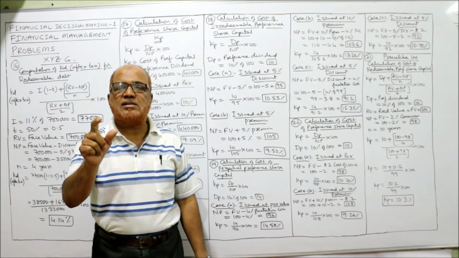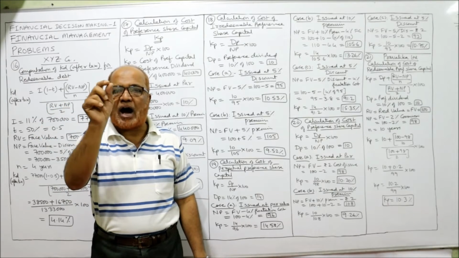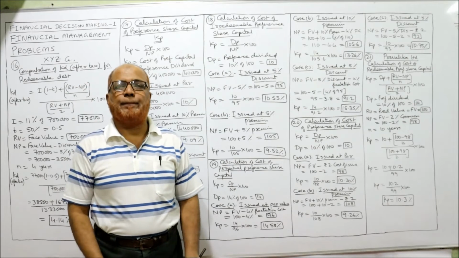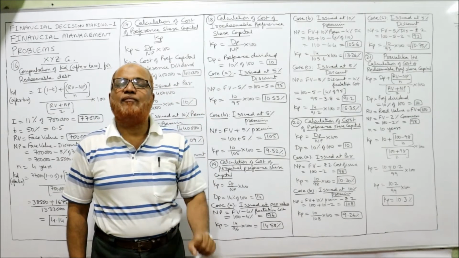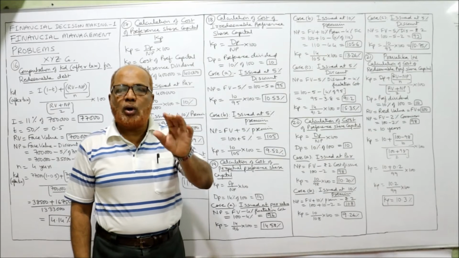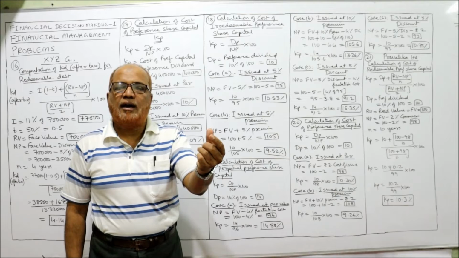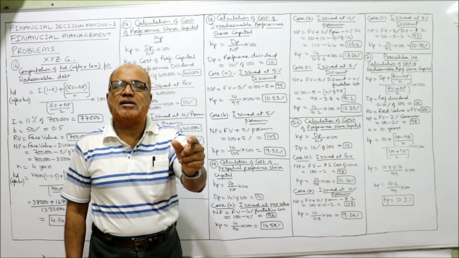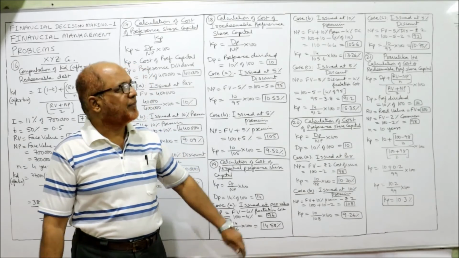The only difference is we should not take 1 minus T, and instead of I we should take DP, the preference dividend. So you replace I with DP and don't multiply by 1 minus T. That is the formula for KP.